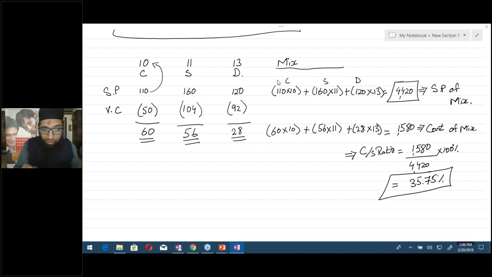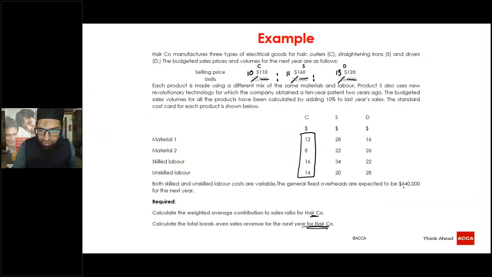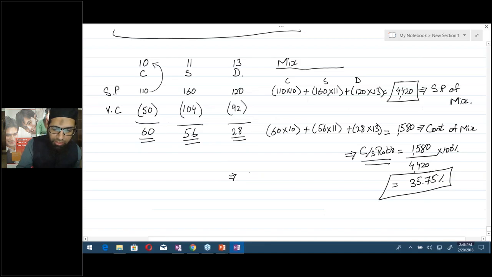Now, the break-even point. In the multiple product situation, the break-even point will be fixed cost divided by the contribution to sales ratio of mix, also known as the weighted average CS ratio. So I will divide the fixed cost, which is given in the question as 640,000, by this weighted average CS ratio of 35.75%.